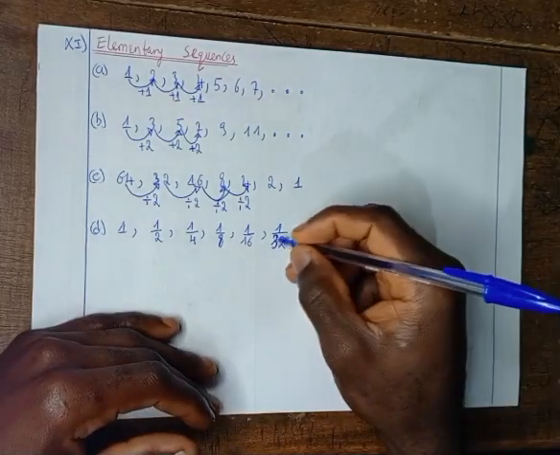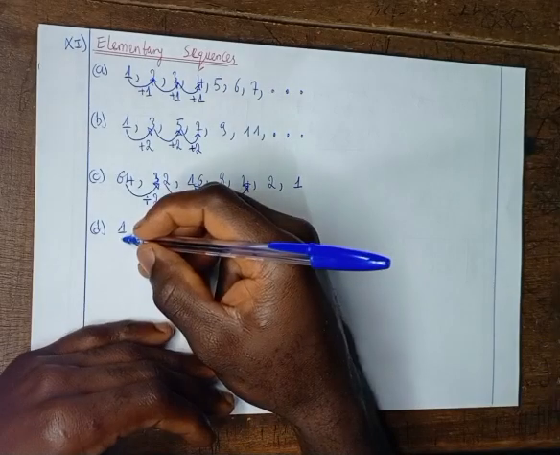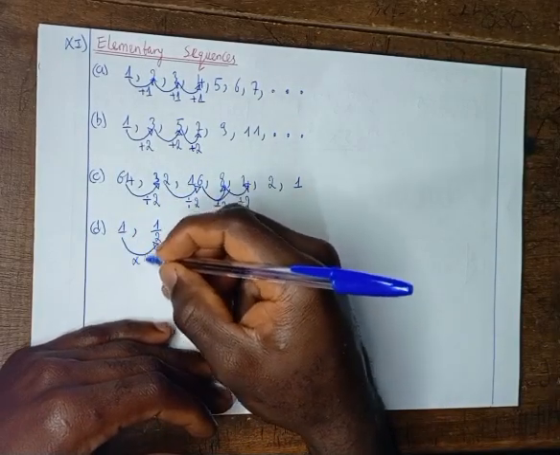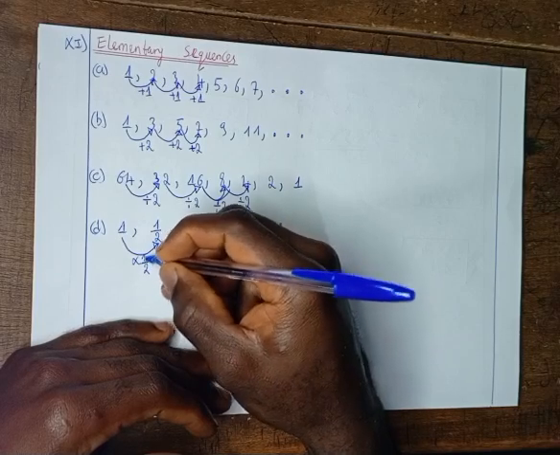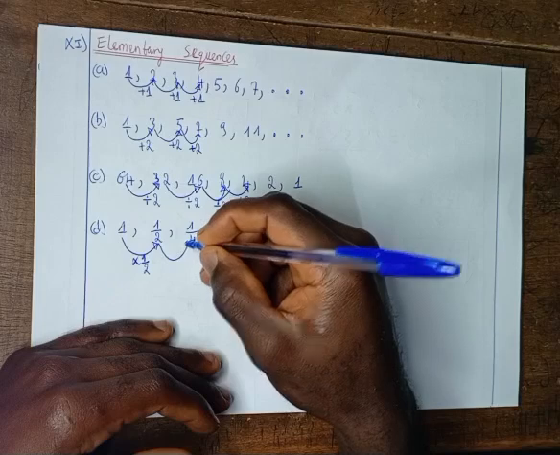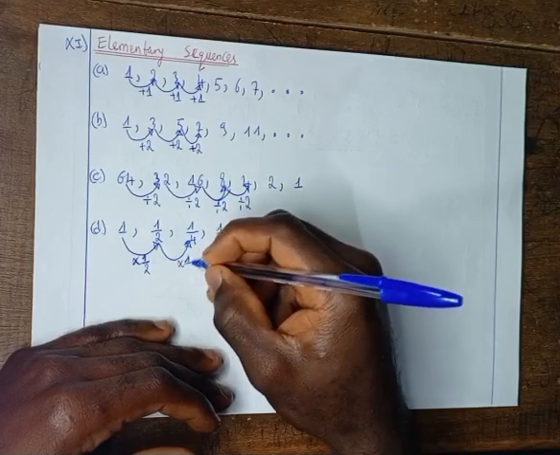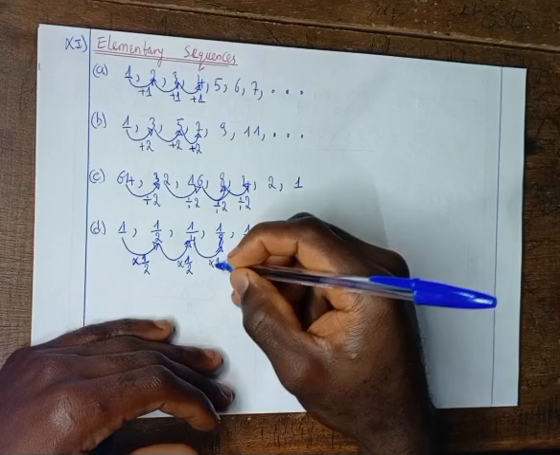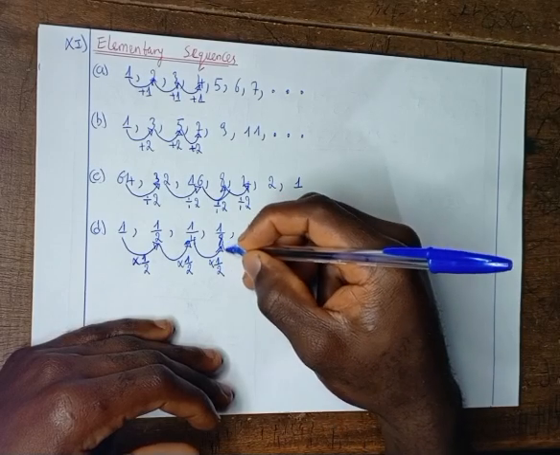In this case, you see that the rule is simply multiplication by half or division by 2. We multiply by half to get the next term. By half. By half.